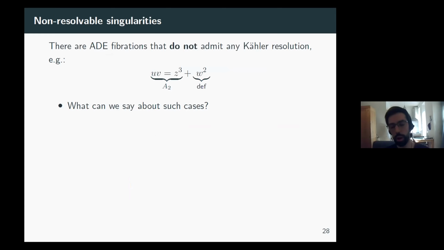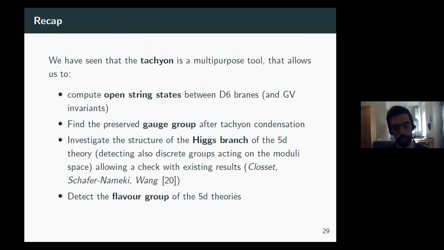Actually, we're working on applying it to other non-resolvable singularities and other simple and multiple flop singularities in order to see if it works or if it doesn't. For now, comparing with some results by Closset et al., our first attempts in reproducing some other results have to be tuned because there are some ambiguities. So we are still working on generalizing this technique. Got it. Okay. Thank you.